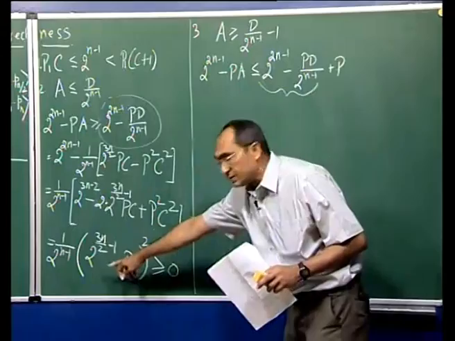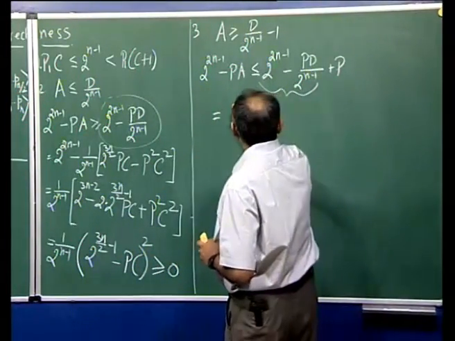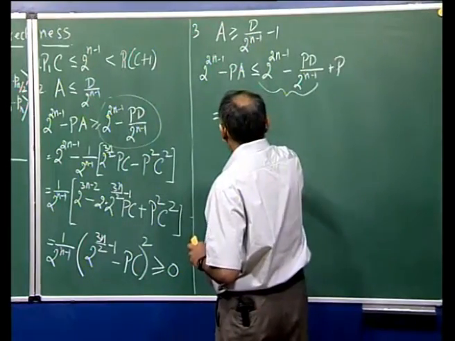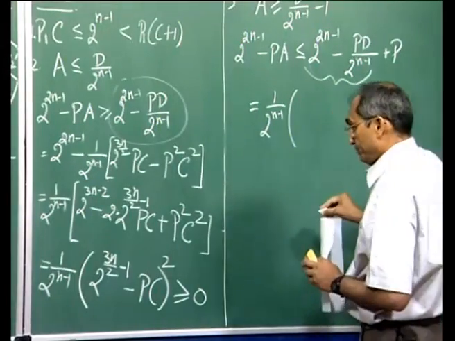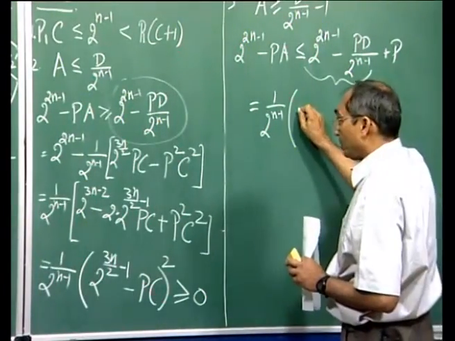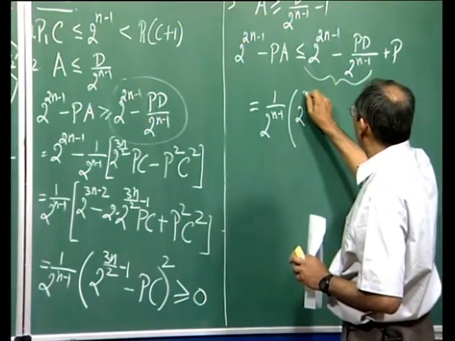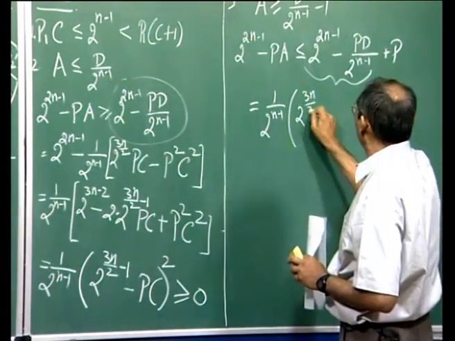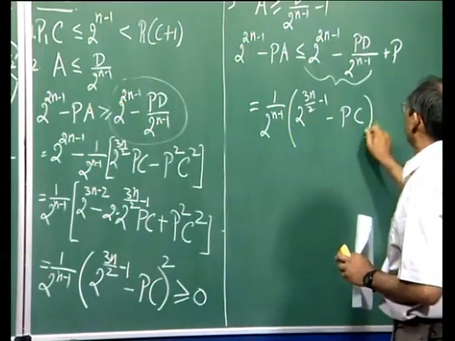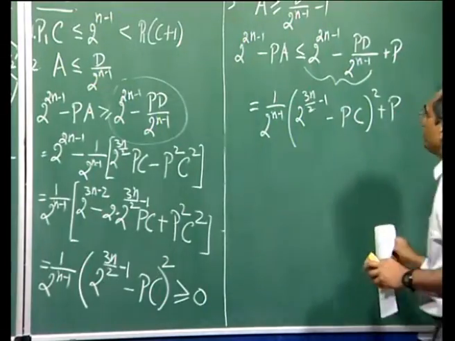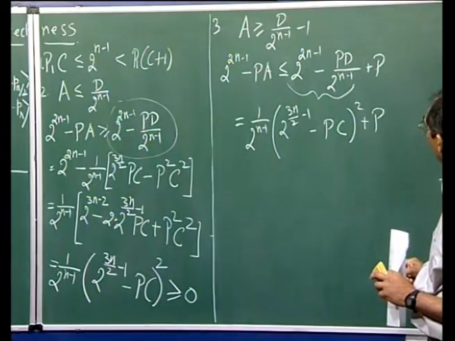That was exactly this. So I can plug that in and we get 1 over 2 power n minus 1, 2 to the power 3n by 2 minus 1 minus PC square plus P, right.